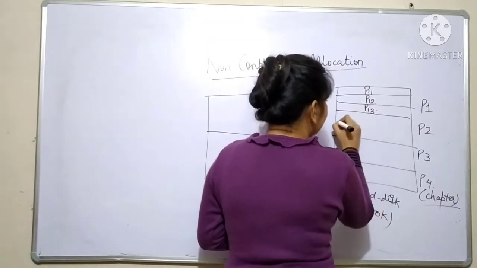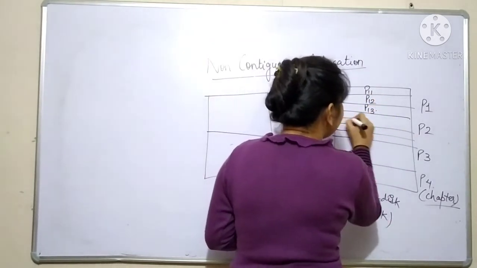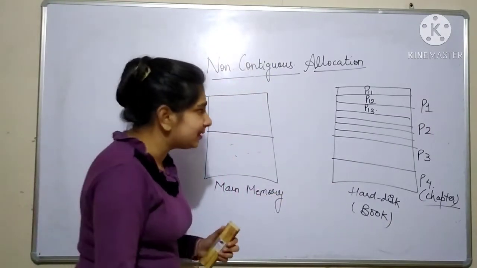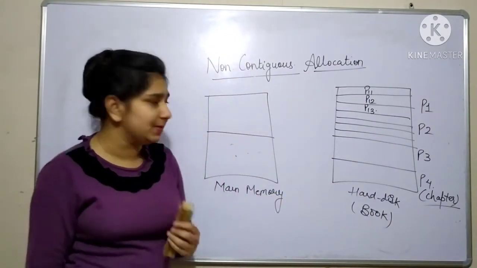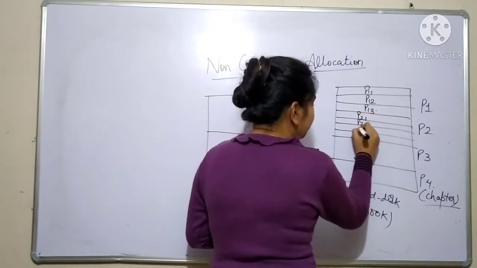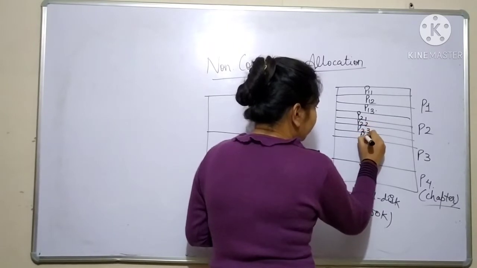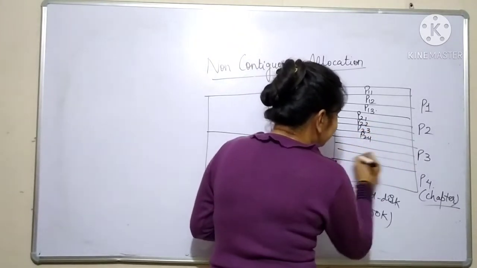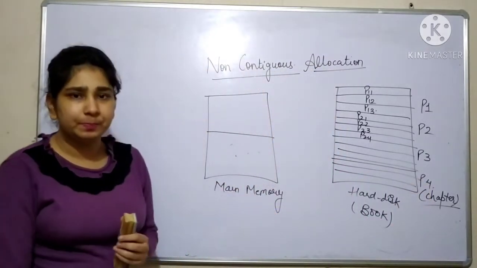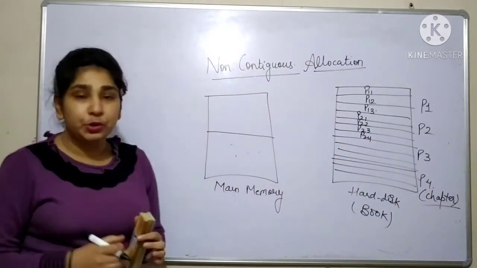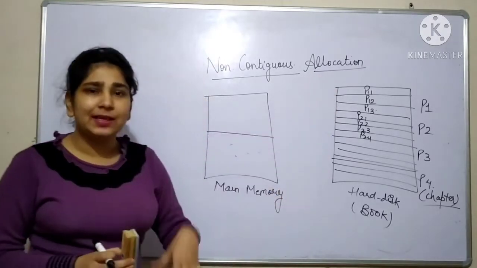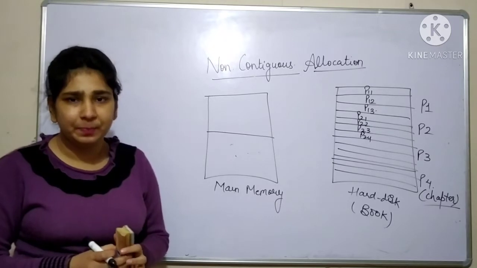We have divided our chapters, or rather our processes, into many pages, like this: P21, P22, P23, P24. Each and every process is divided into pages. You have stored the instructions of your process in the form of pages.